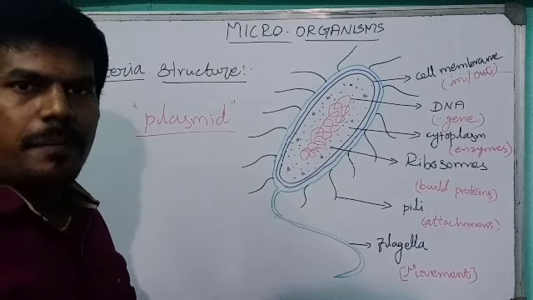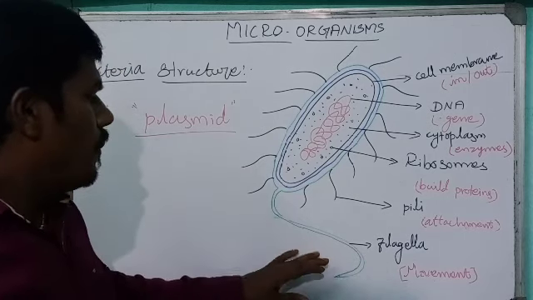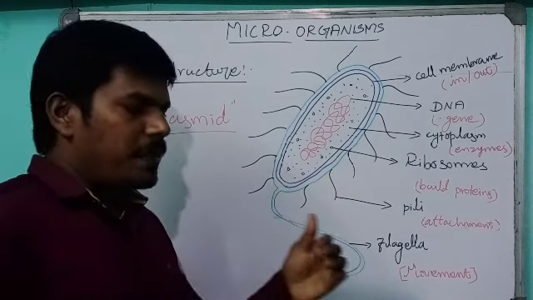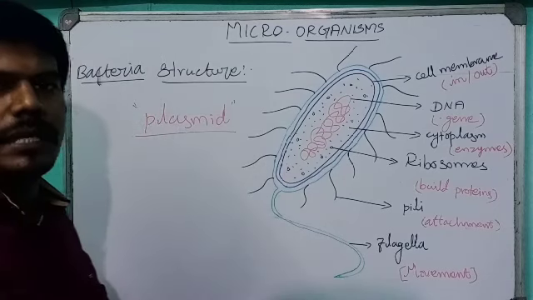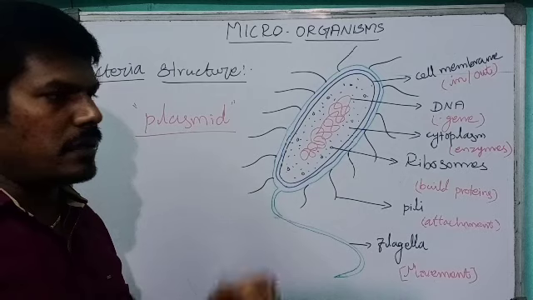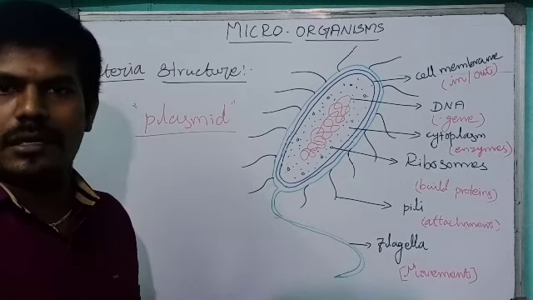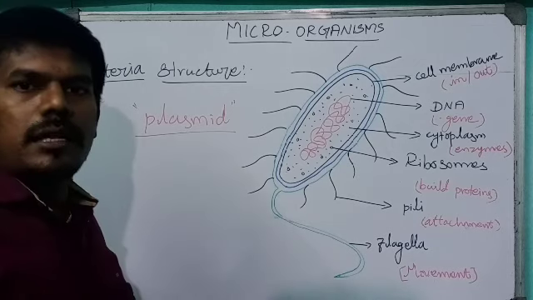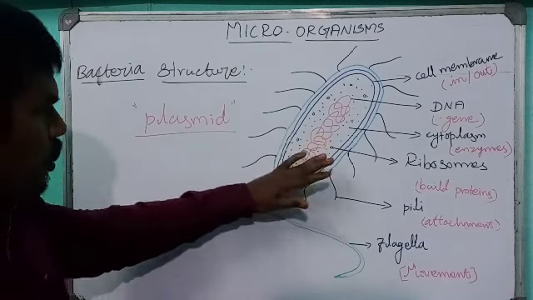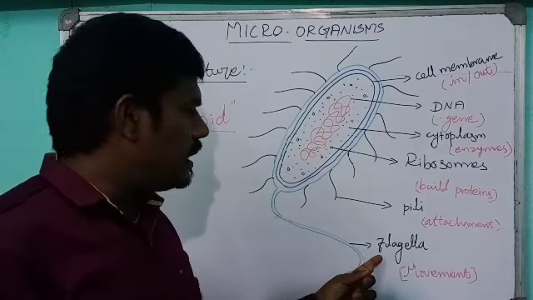And then flagella are present. Flagella are used when the organism wants to move from one place to another, that is locomotion. They have so many reasons to move: mainly food, reproduction or shelter. These are the three reasons. When the bacteria wants to move from here to there, it utilizes flagella.